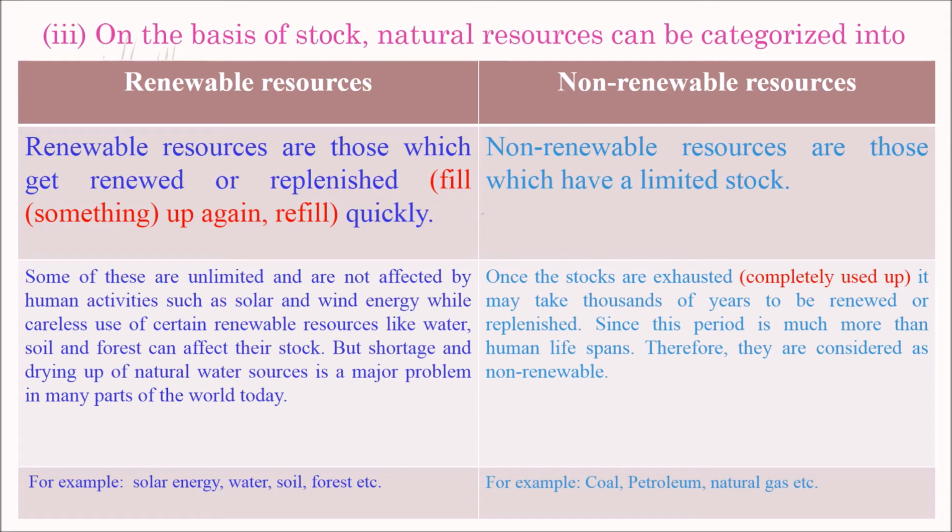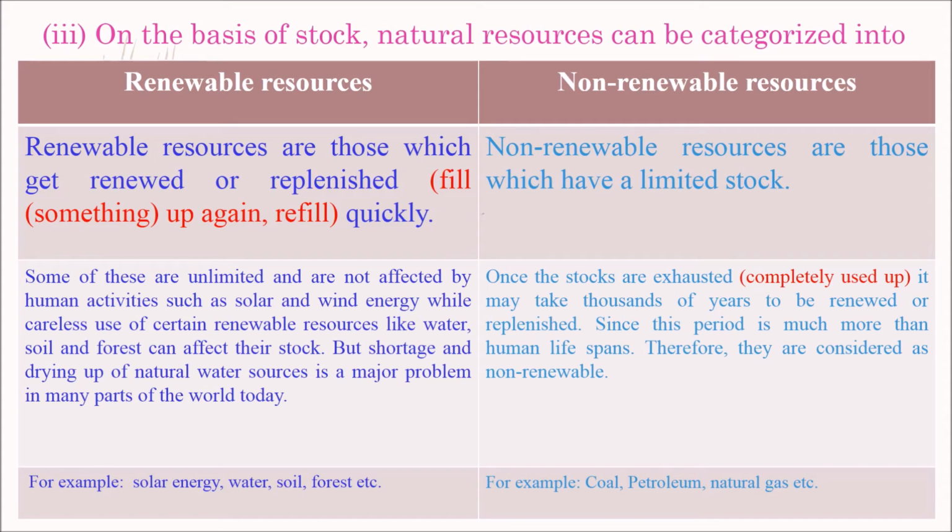Whereas in non-renewable resources, once the stocks are exhausted, which means completely used up, it may take thousands of years to be renewed or replenished, which means fill something up again or refill.